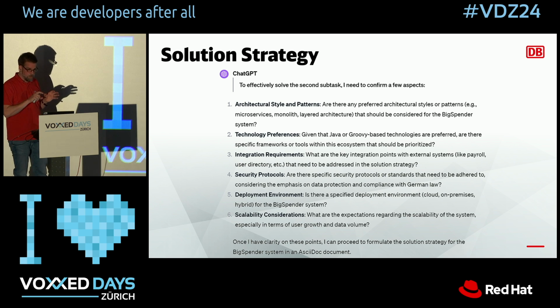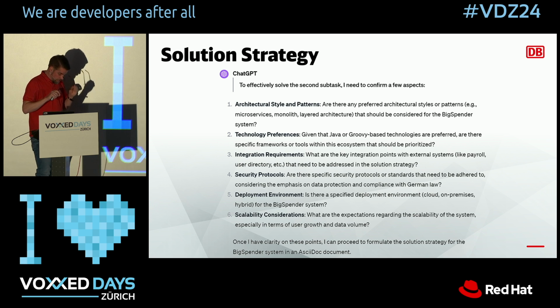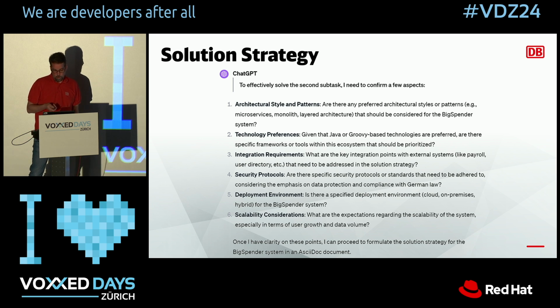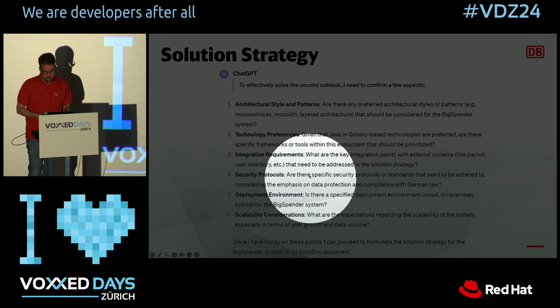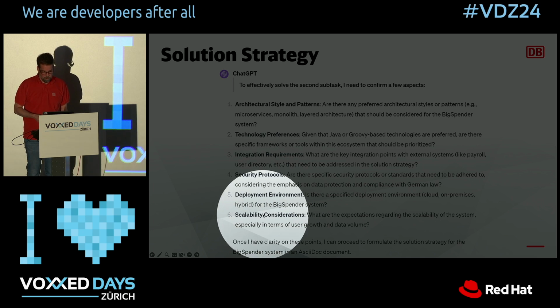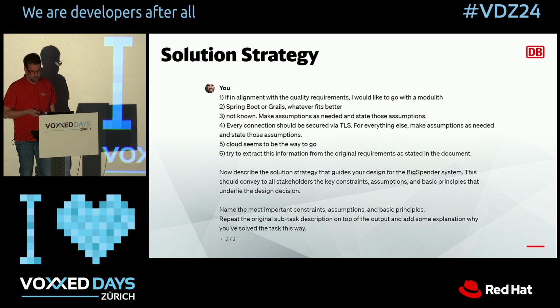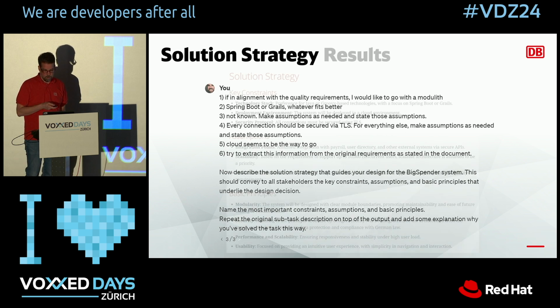In the beginning, I told the system to ask questions when it needs more information, and here it used this and said it needs to confirm some things. For the solution, it needs, for instance, to know about the deployment environment, scalability, and so on. And so I gave it this information, in this case, one more complex prompt.